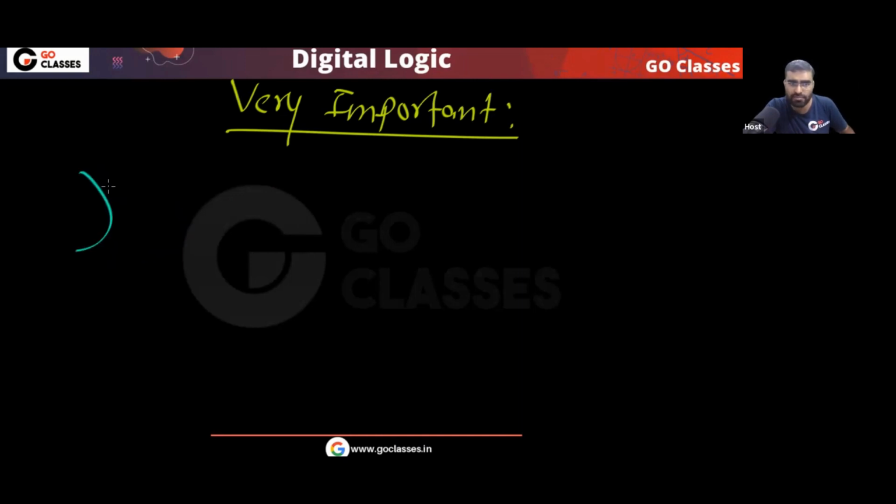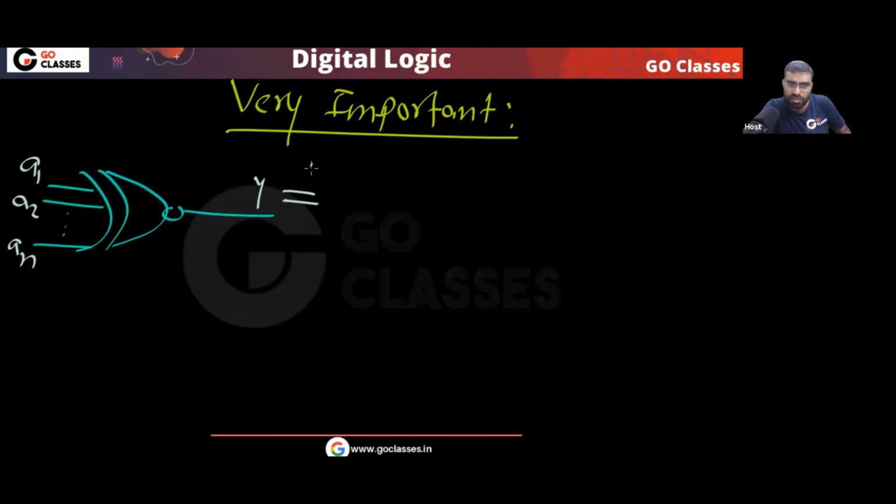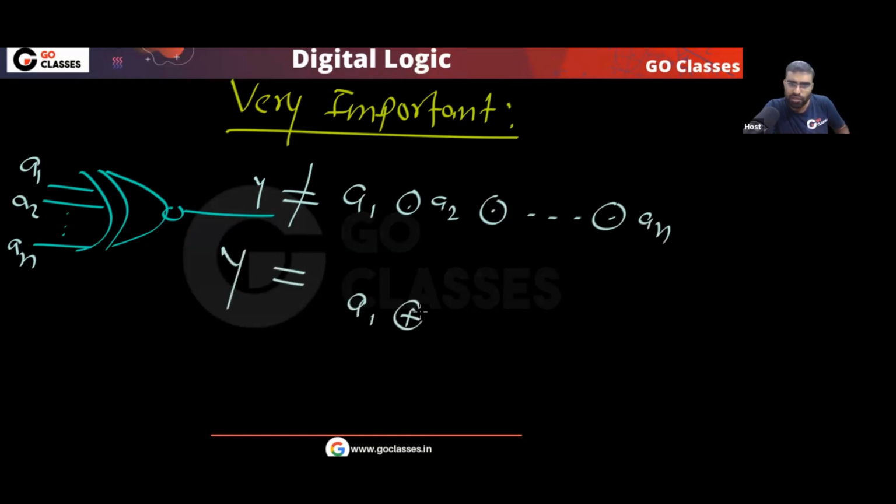This XNOR gate with inputs A, A1, A2, up to AN is not equivalent to that chain of XNORs. Please understand, this is actually equal to, first you take XOR and then you take the complement.